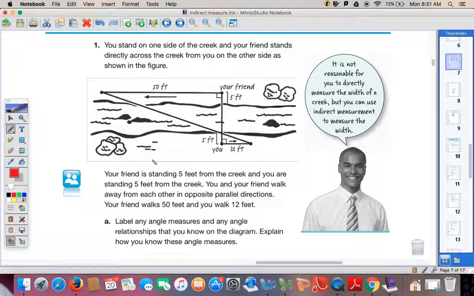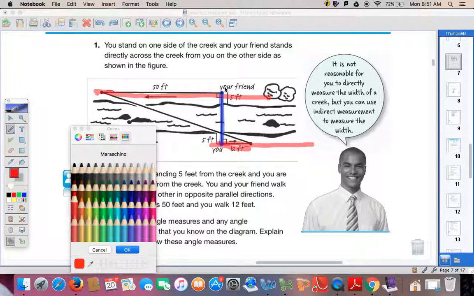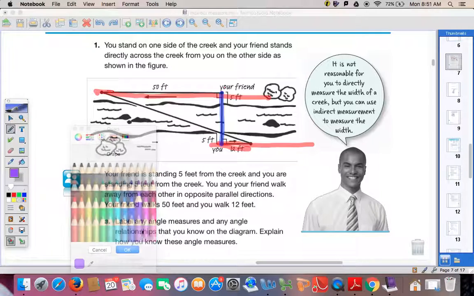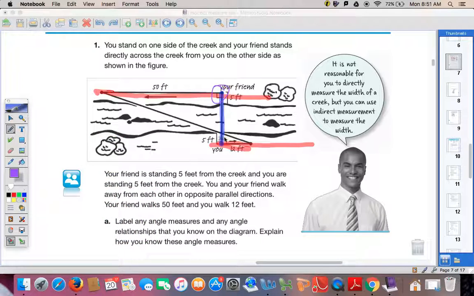So if we look at this now, we can see that we've got these parallel lines. We have this line here, and that's parallel to this line here. And then again, we are directly across from our friend. So when we're directly across and we have parallel lines, we've got 90-degree angles here.